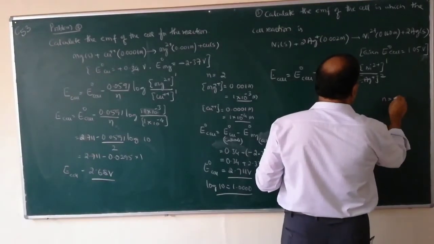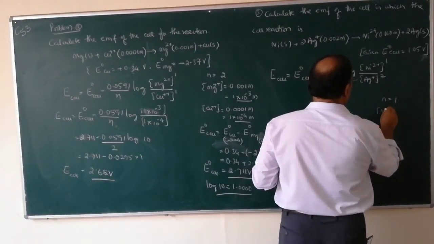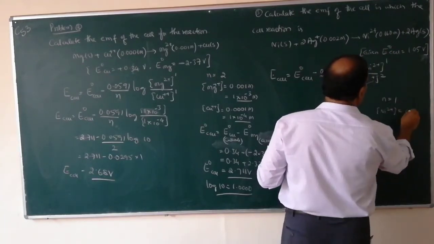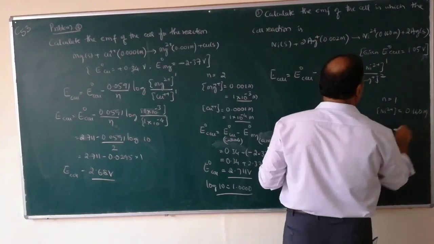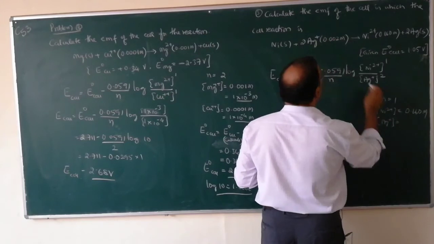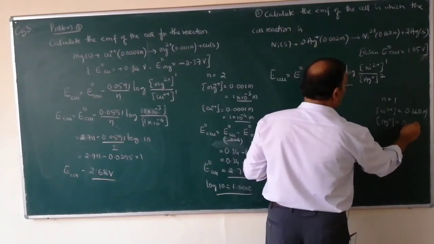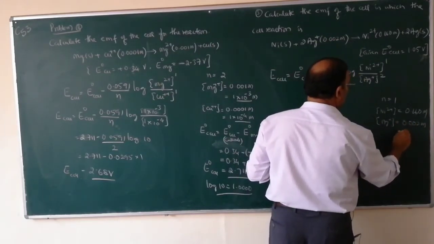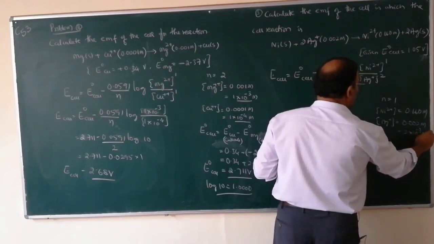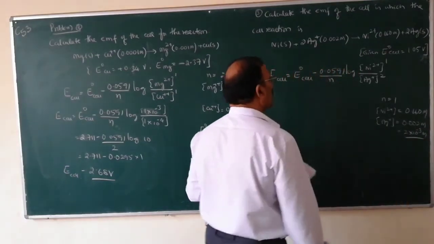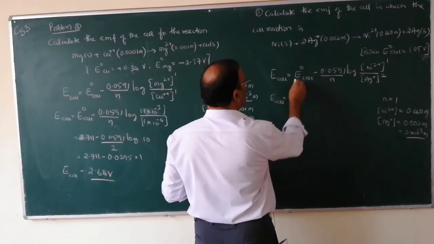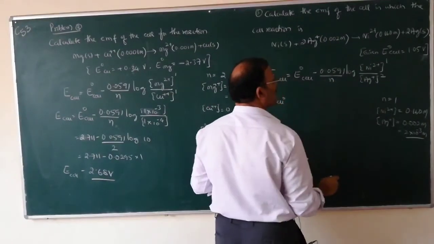So here N equals 2. Concentration of Ni2+ is equal to 0.160 moles. Similarly, concentration of Ag+ is equal to 0.002 moles, that is 2 into 10 to the power of minus 3 moles. E naught cell is given, 1.05 volt.